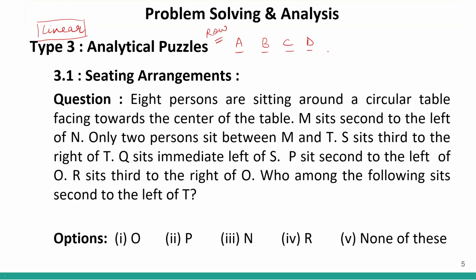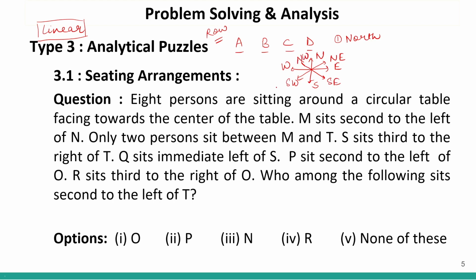Now, there can be 3 possibilities in linear seating arrangement. The first one is everybody is facing north. Now, if you remember in following directions, I told you this chart. North, south, east and west. Correct? Then we further also discussed northeast, southwest and southeast and northwest.